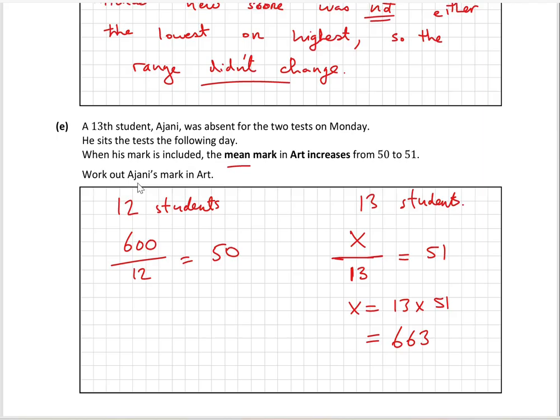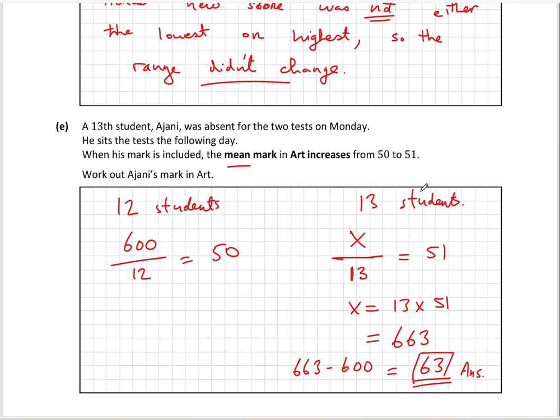So Ajani's mark was 663 minus 600, which was the previous number, is 63. So that's what Ajani got. Okay, so that's the answer there, 63 marks.